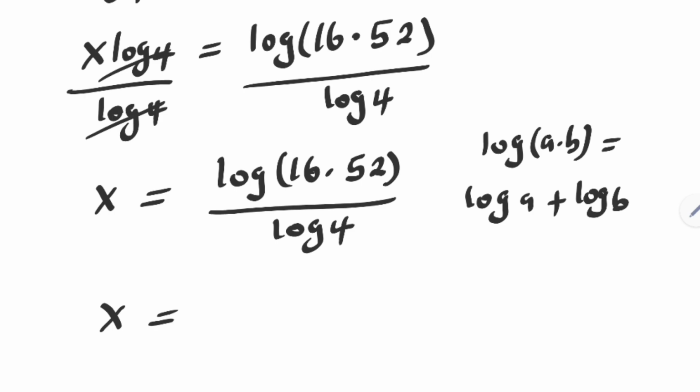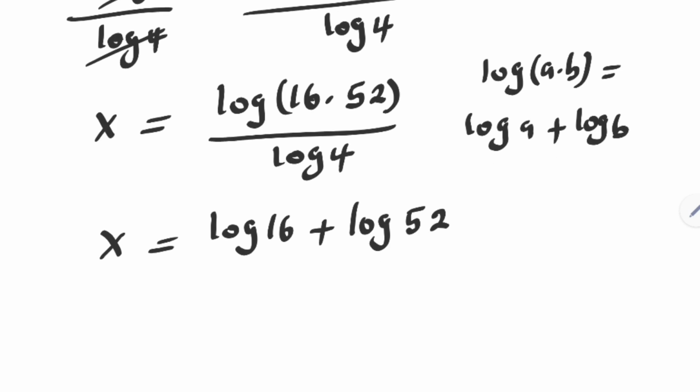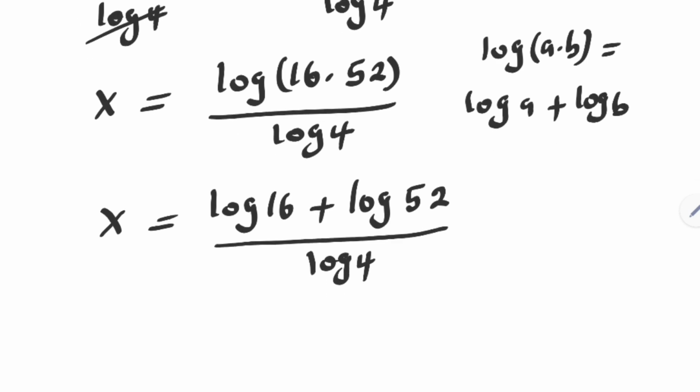x is equal to, the numerator here can be written as log 16 plus log 52 divided by log 4.